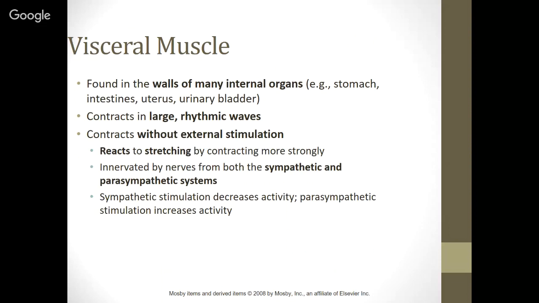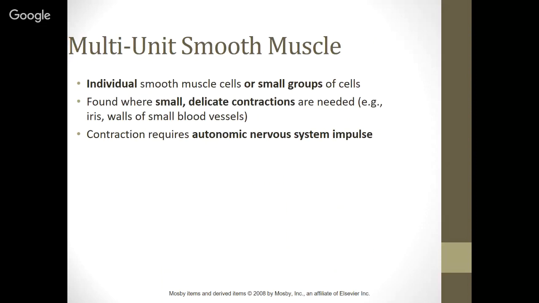It's innervated by nerves from both the sympathetic and parasympathetic nervous systems. Sympathetic stimulation in general decreases activity, while parasympathetic stimulation will increase activity. These visceral organs are mainly used for rest and digest versus fight or flight.